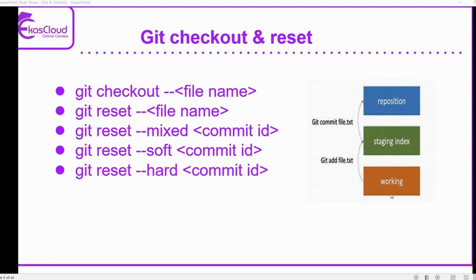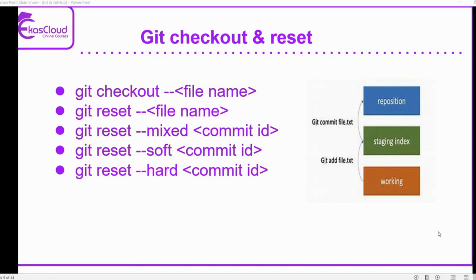So remember, you have one file here, you use the git add command to send the file to the staging area. Now you have one copy here, and if you edit it, those changes are called unstaged changes.